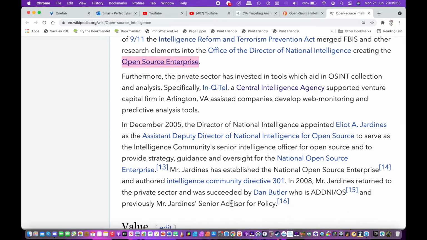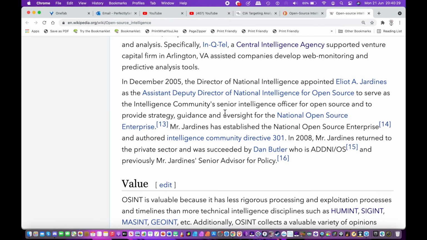Furthermore, the private sector has invested in tools which aid in OSINT collection and analysis, specifically In-Q-Tel, a CIA-supported venture capital firm in Arlington, Virginia, which assisted companies develop web monitoring and predictive analysis tools. Okay.